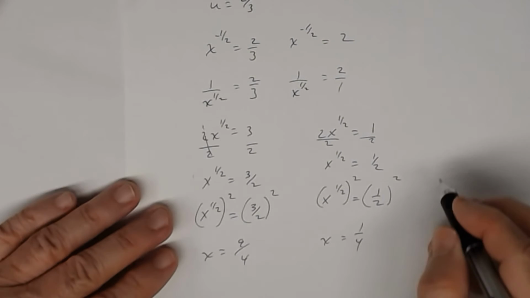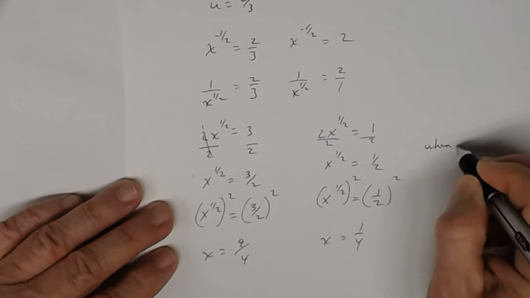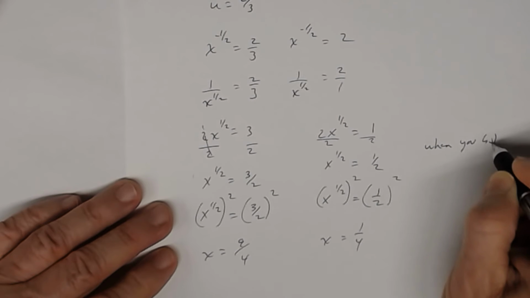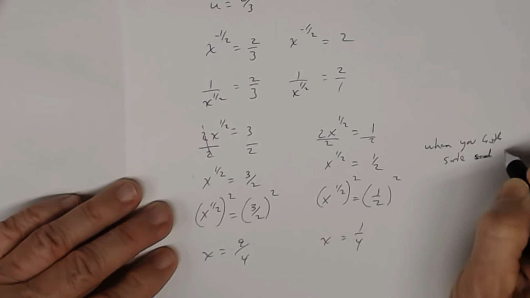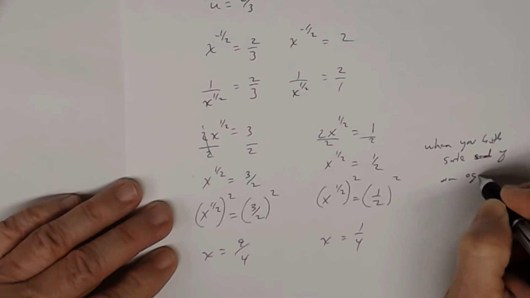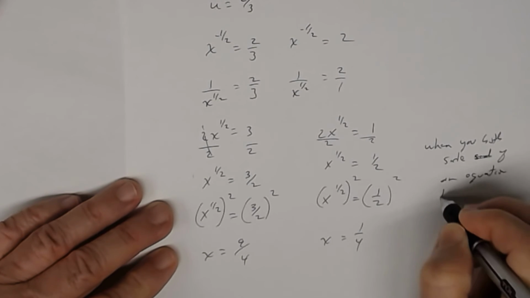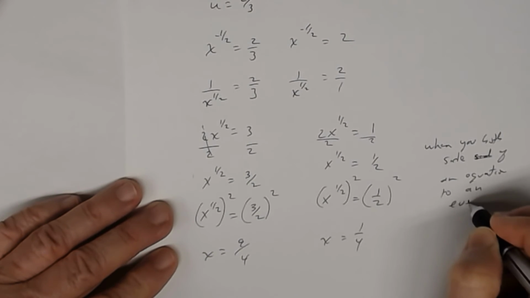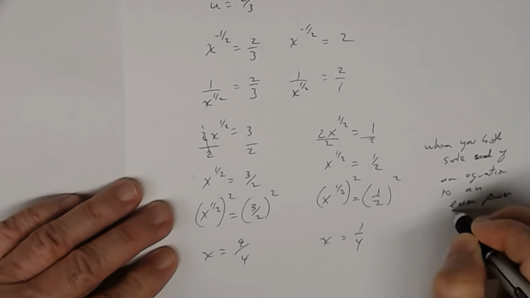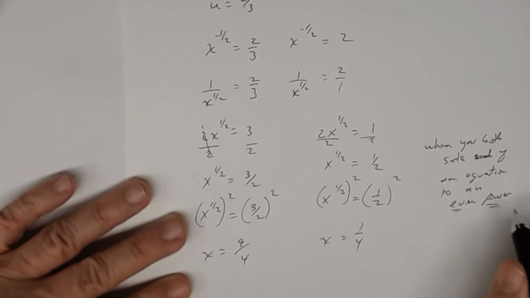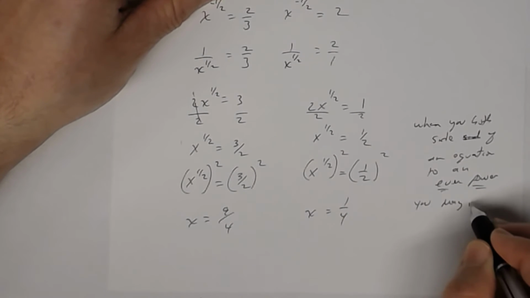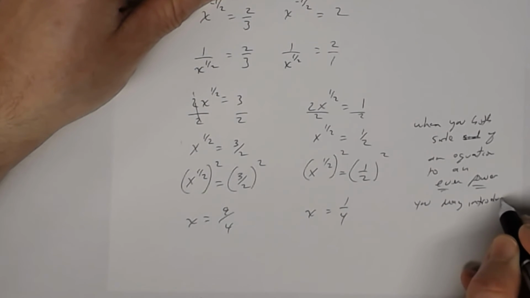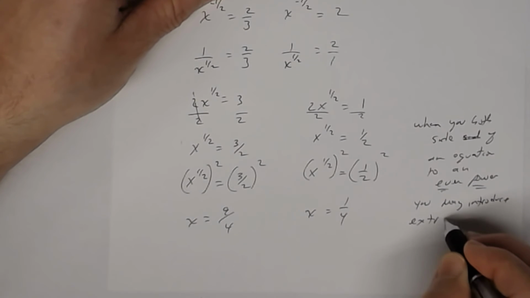You have to remember that when you raise both sides of an equation to an even power, you may introduce extraneous solutions.